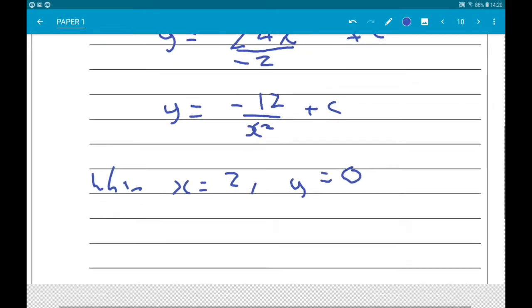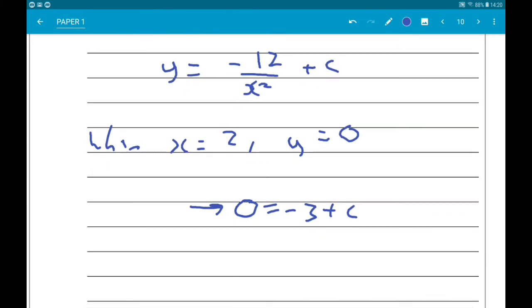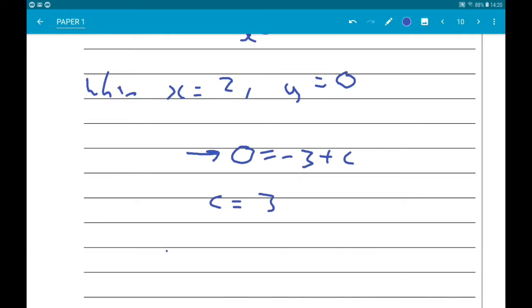So sub those in, we get 0 is equal to minus 12 over 4, so minus 3 add c. Therefore, c is 3. And then finally, y is minus 12 over x squared plus 3.